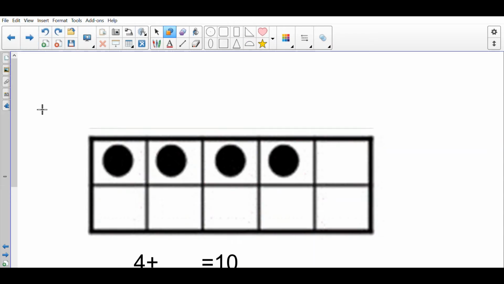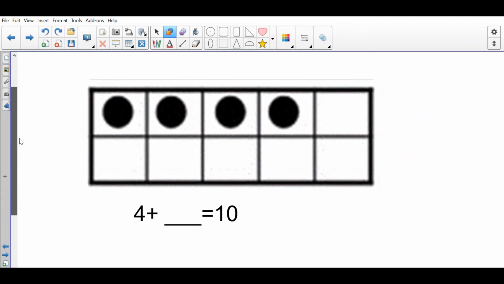Let's see what happens with this 10 frame. How many dots are in this 10 frame? 4. There's 4 dots in this 10 frame. So our number sentence goes 4 plus equals 10. What are the 2 numbers that make 10? 4 and what?